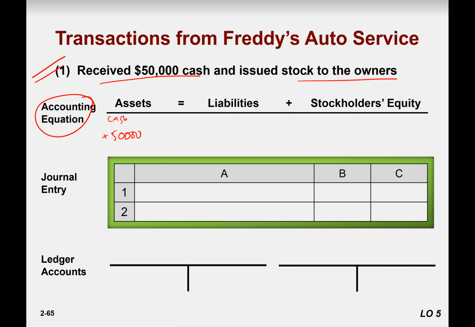Yeah. And this issued stock, where we are going to write it down? And stockholders' equity. Well done. So under common stock, we will be writing down this 50,000 here. So equation is balanced, right? Yes. In accounting equation system, we just balanced this accounting equation system.